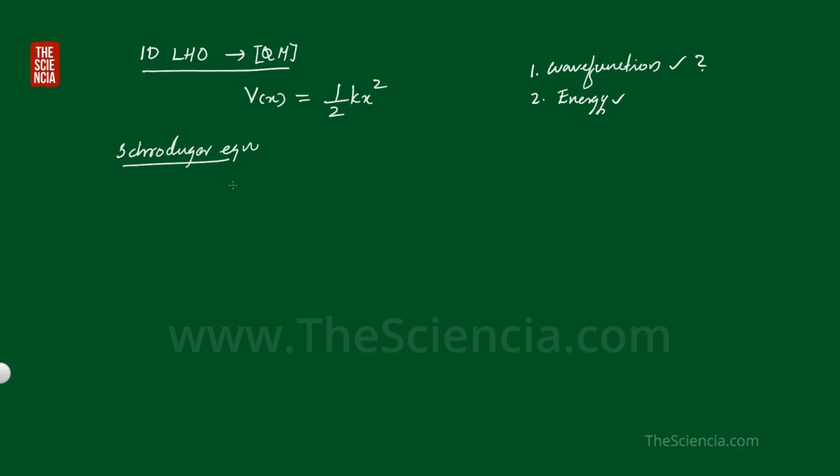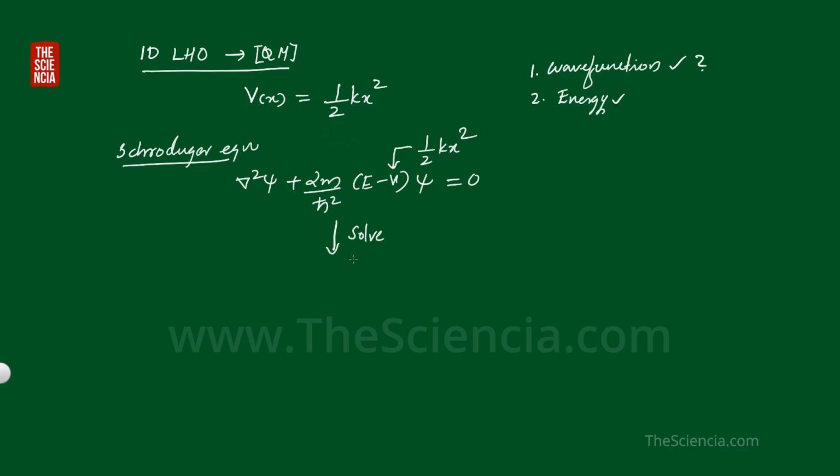What is the Schrodinger equation? The Schrodinger equation is ∇²ψ plus 2m by ħ² (E minus V)ψ equal to 0. Here, in this case, the potential is half kx². So we have to substitute V equal to half kx² and solve this Schrodinger equation.